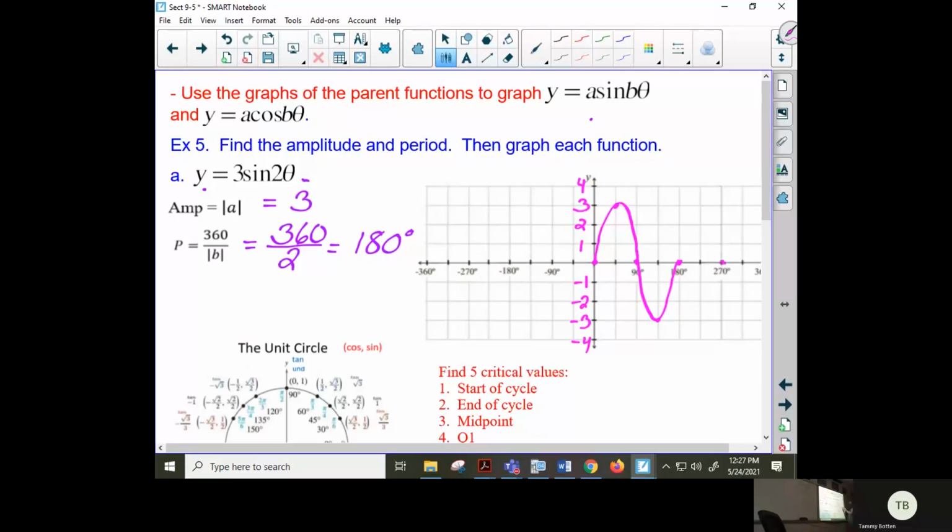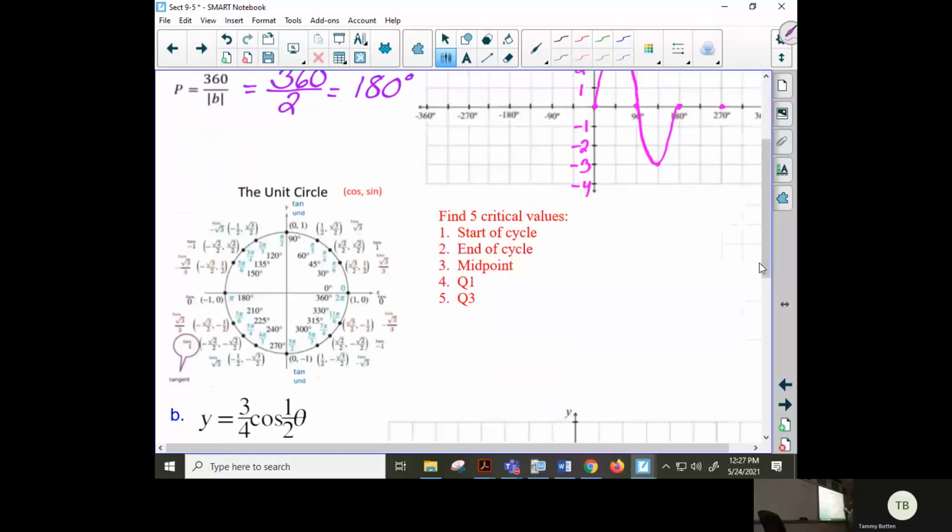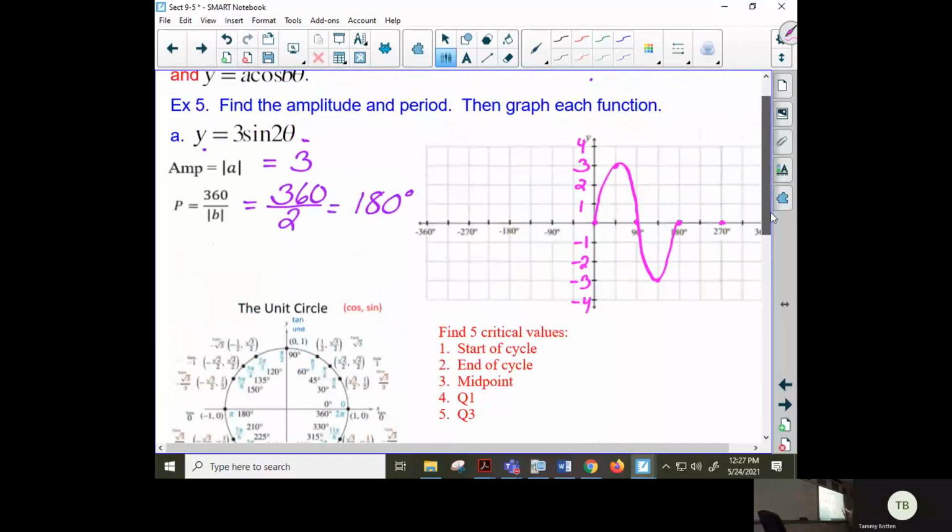And then you're going to have an x-intercept here and here. And then between these two, it's going to go up to 3. Between these two, it's going to go down to -3. And notice we do have 2 complete sine functions between 0 and 360. And then we could go backwards here.